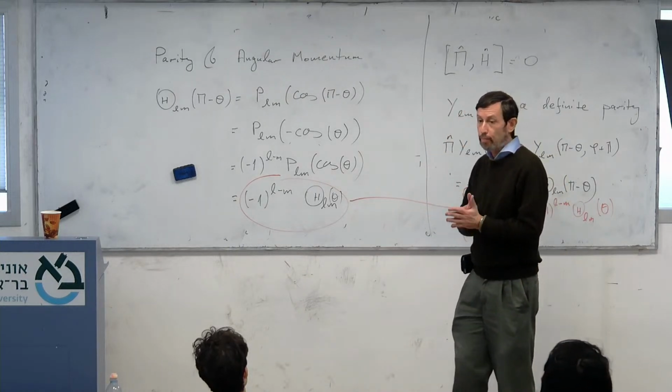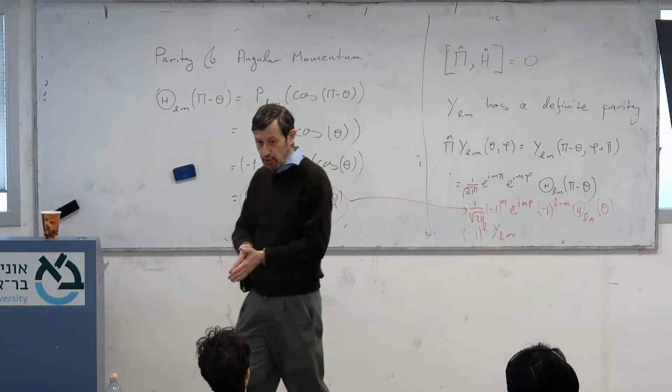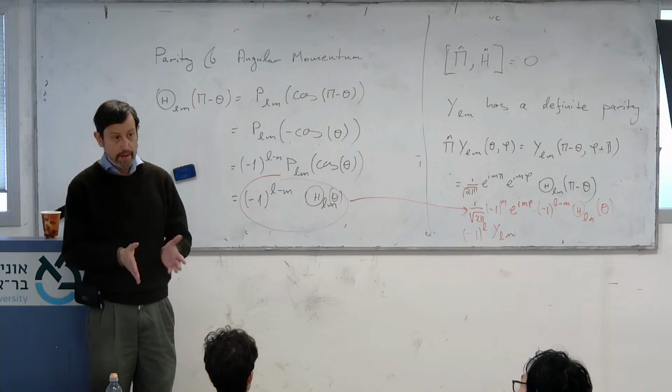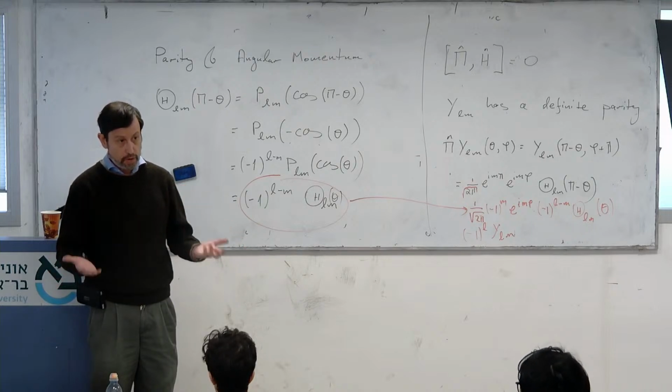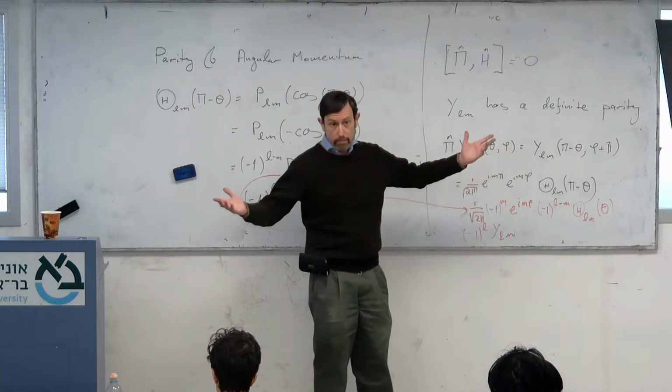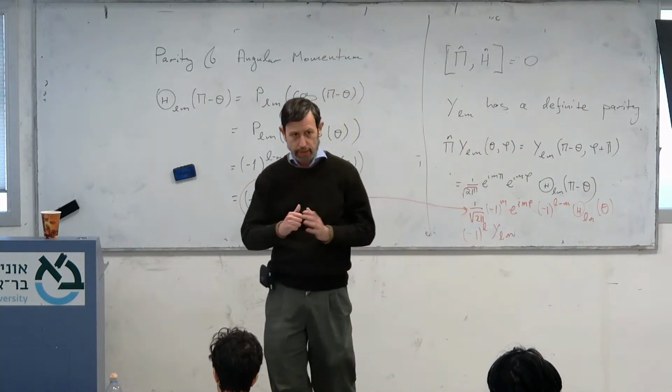So now we have to put a specific potential into the radial part of the equation, solve it, multiply it by the YLN, and we have the full solution of the hydrogen atom.